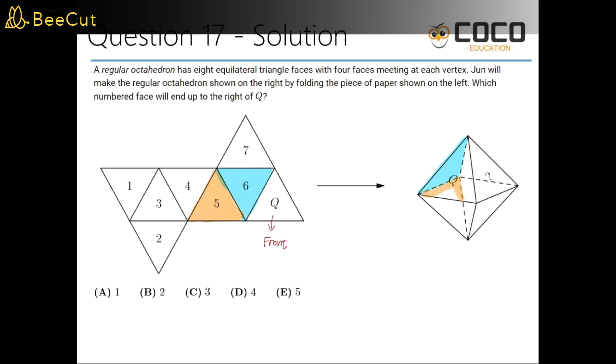So this one is 5. So compare this question mark and the number 5. You can see these are the opposite faces. There's no overlap between these two faces. They do not touch on any point or any edge.